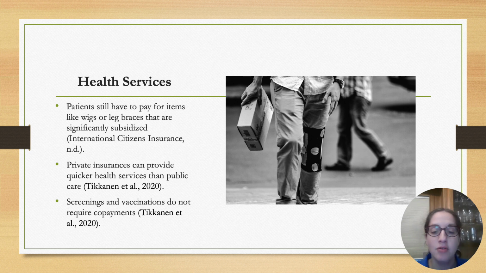And screening and vaccinations do not receive or require copayments, according to Tikkanen et al. 2020. So patients, you can see the type of services that you can receive without copay and if there is a type of payment involved. And we have a photo here of someone with a brace on their leg.